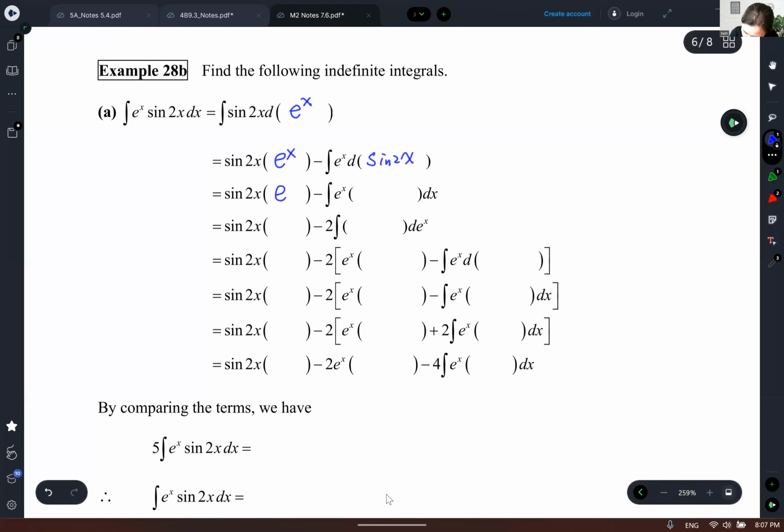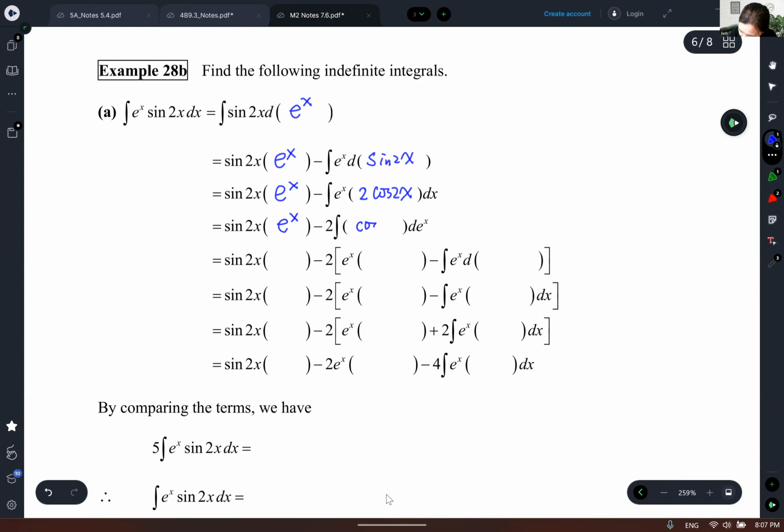And then this one will be cosine. It's 2 cosine 2x. Okay, and then I copy and take out 2.